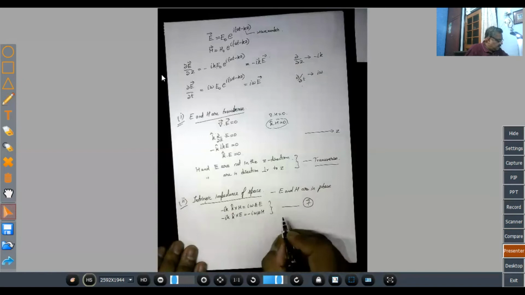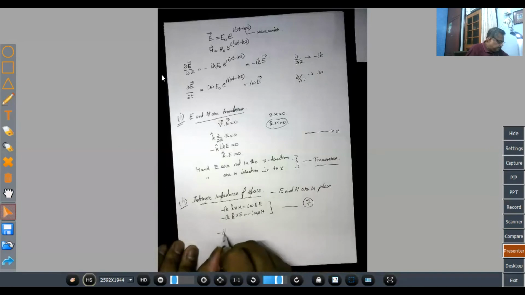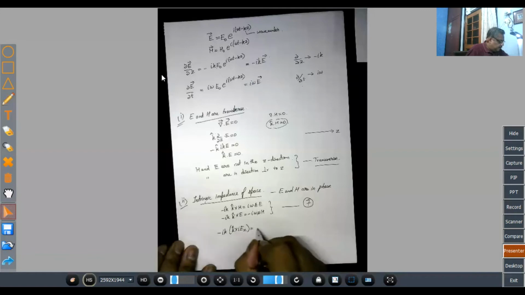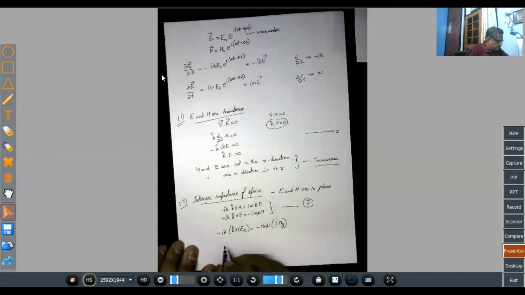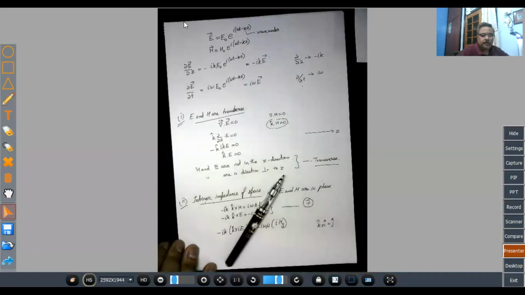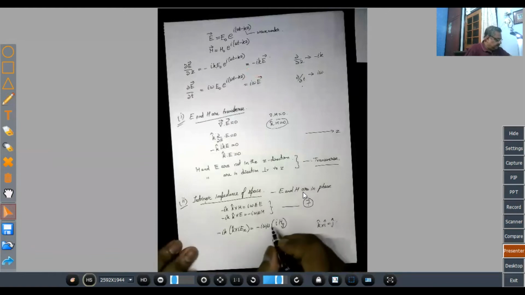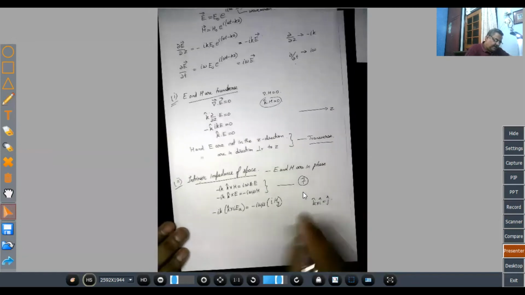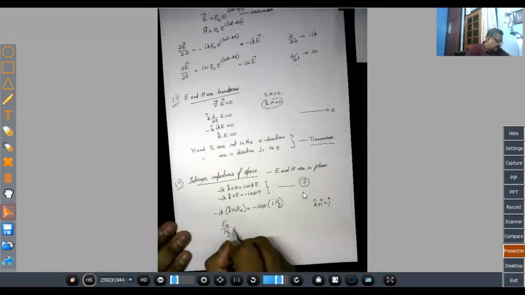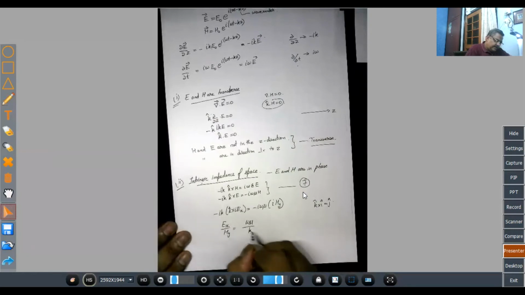So from this equation we can deduce that, from the coordinate we know this. That means on simplification Ex by Hy will be equal to omega mu upon wave number k.